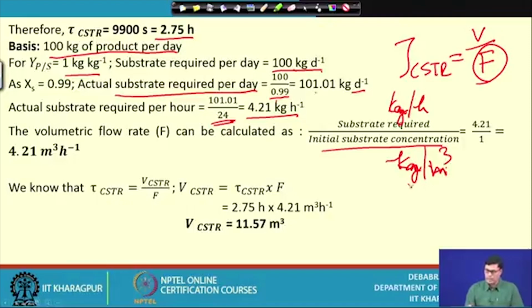So kg will cancel, and this becomes cubic meter per hour, coming out to 4.21 cubic meter per hour. Then tau CSTR we already found is 2.75, and V is equal to tau CSTR times F. If we multiply, we find the volume of the CSTR. This is 11.57 cubic meter.